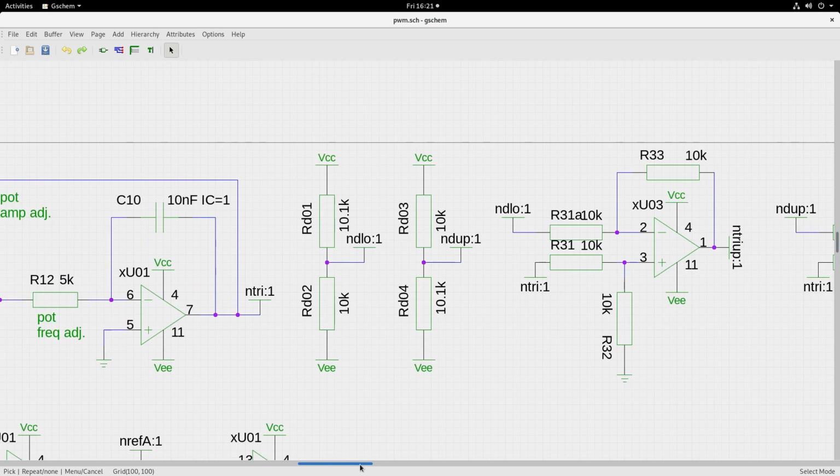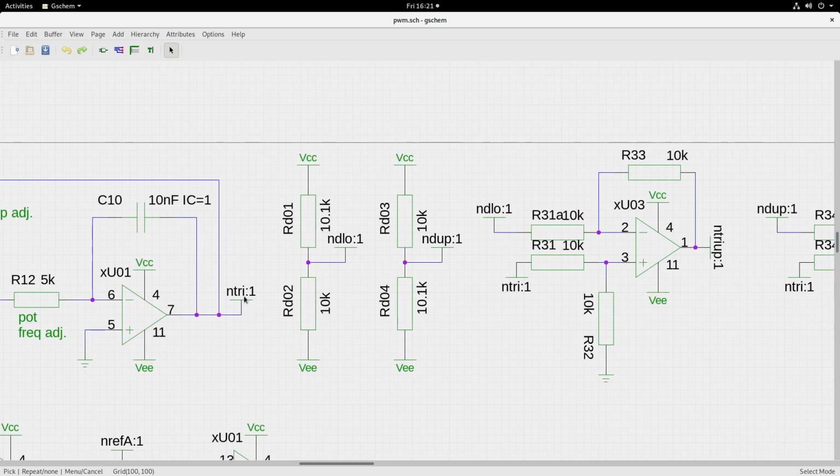So to the triangle, what do we do? To the triangle we will add a small epsilon voltage to get the VC plus, and that is the upper triangle, and from this we will subtract a small epsilon voltage to get the lower triangle.